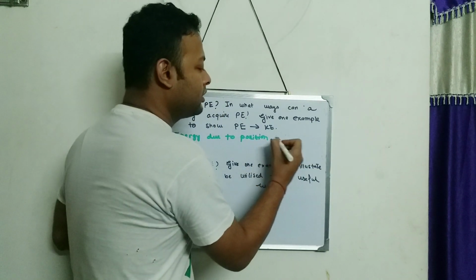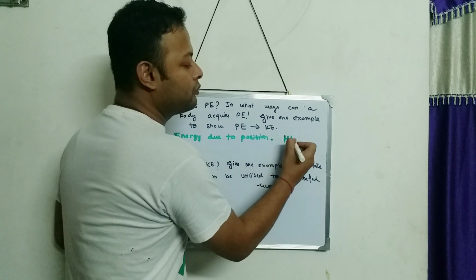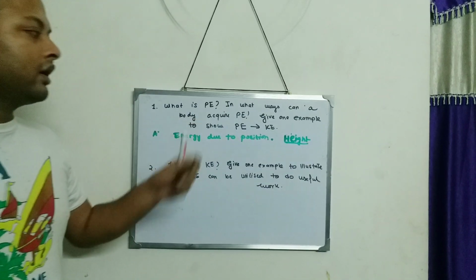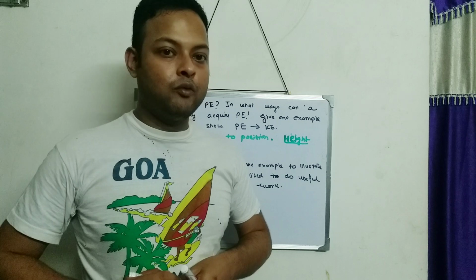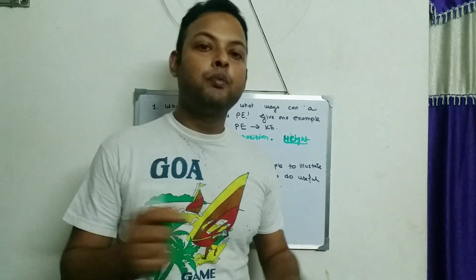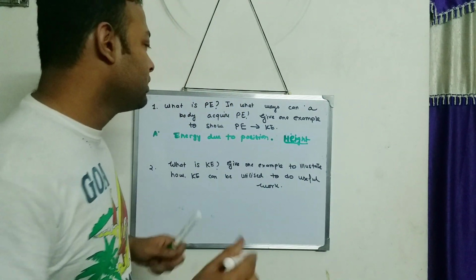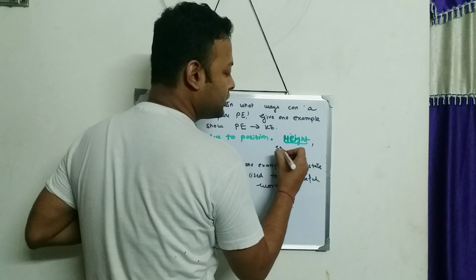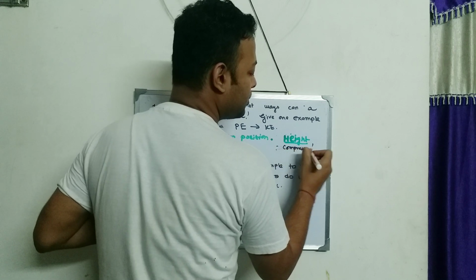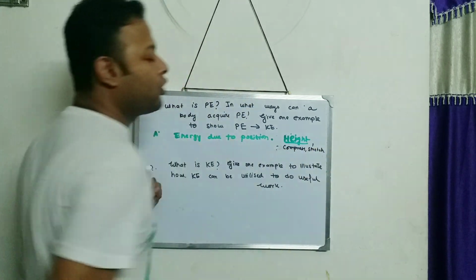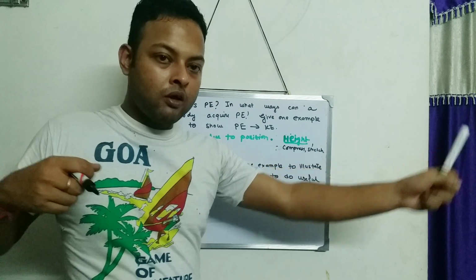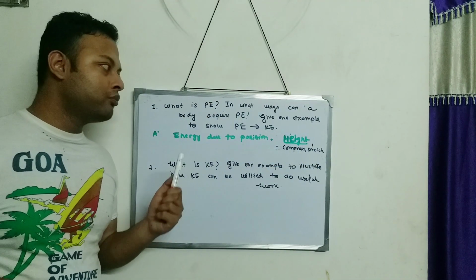And second thing is what? When you compress or stretch a body, like you compress a spring or stretch a spring, you stretch a bow, that time also the body acquires potential energy.